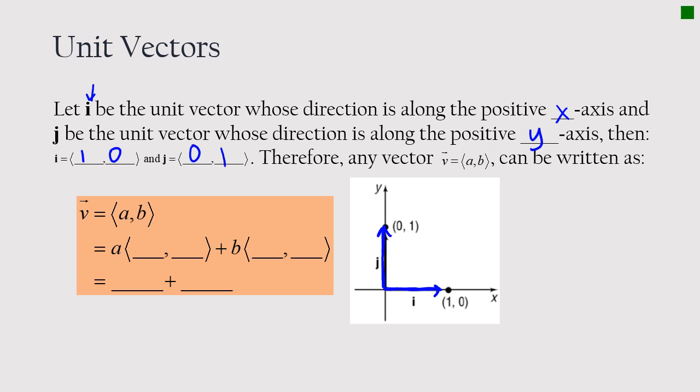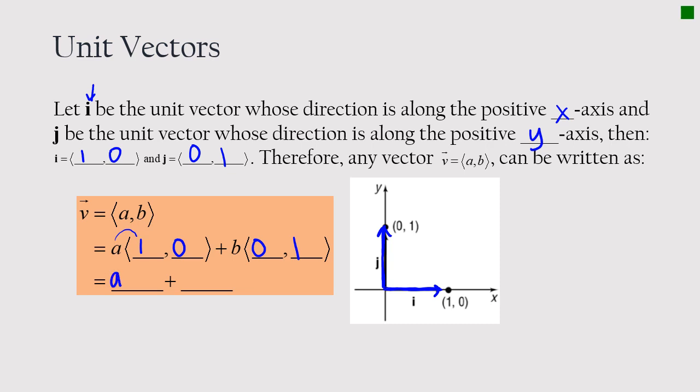So therefore, any vector can be written as the vector of A and B, or we can rewrite it as A times the vector 1, 0, plus B times the vector 0, 1, because if these are scalars, this would just get multiplied in. So again, if we multiplied this through, you're going to get 1 for that Y value. So that ends up the way that we can write this.